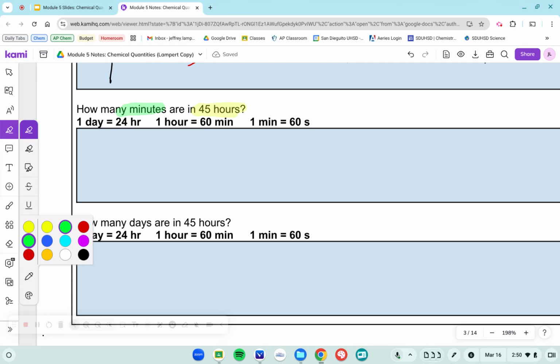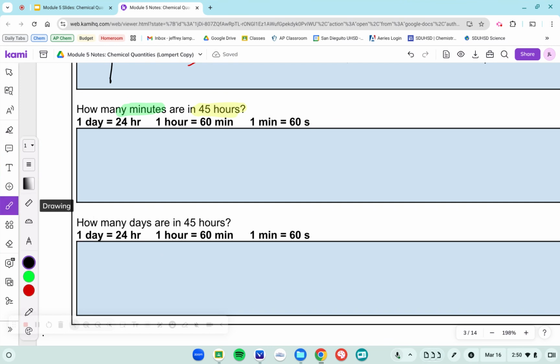If it says how many minutes, or how many grams, or how many days, that's what you want to end with. Then it will give you something else in the problem, in this case 45 hours. So just like before, I write the number that's given in the problem, 45 hours, and then dot, line, equal. Question so far?